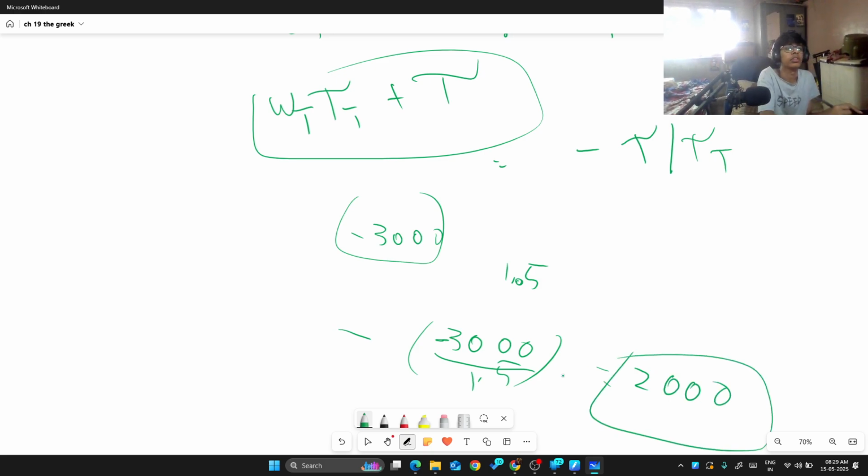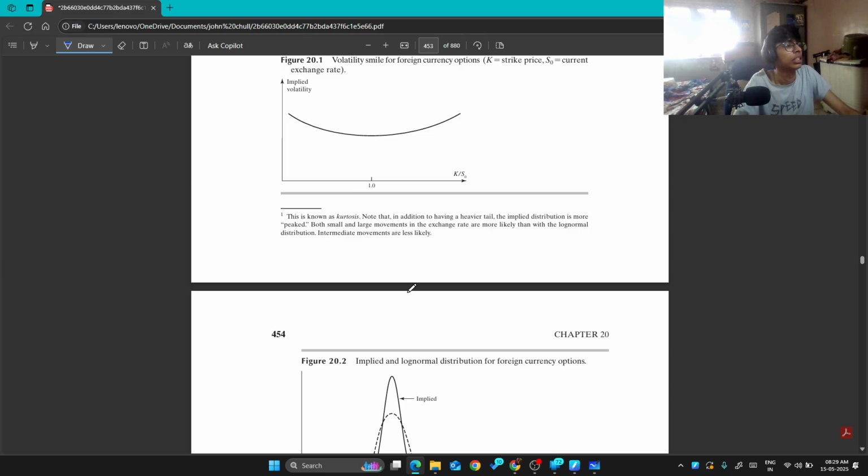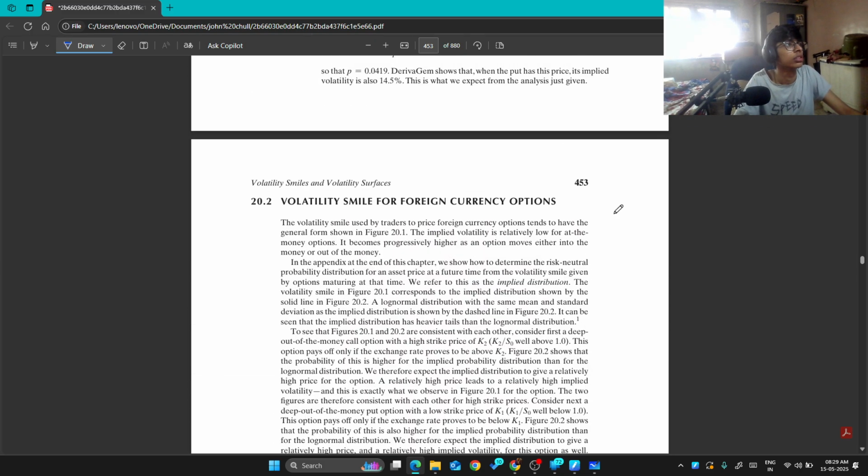That means we have to buy 2000 of the option. In this way we make the portfolio gamma neutral, and you can see the rate of change.